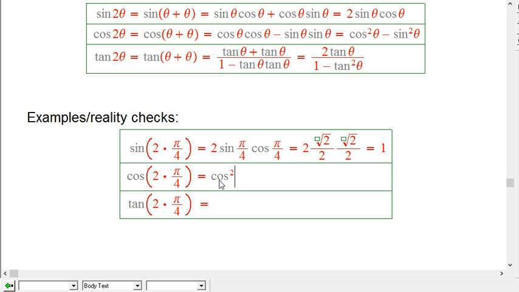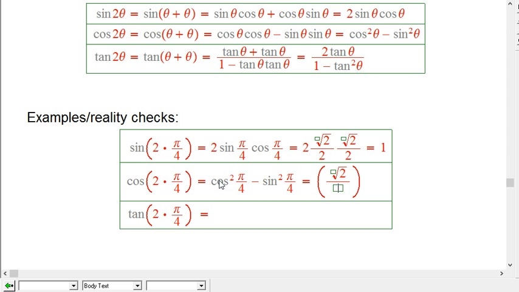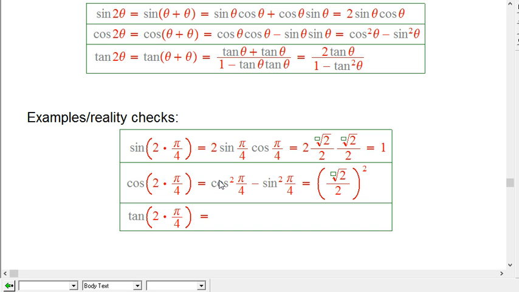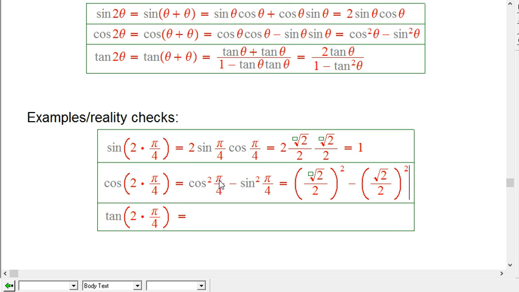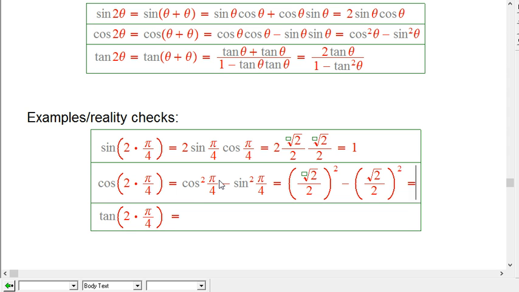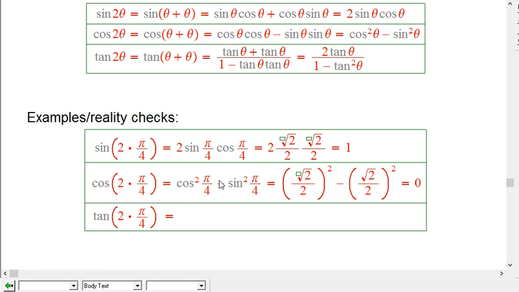We're going to take cosine squared of pi over 4 minus sine squared of pi over 4. But we just realized that those are the same number, root 2 over 2 squared minus root 2 over 2 squared. That happens to be 1/2 minus 1/2, but it's just something minus itself. It's 0, which is what it's supposed to be.